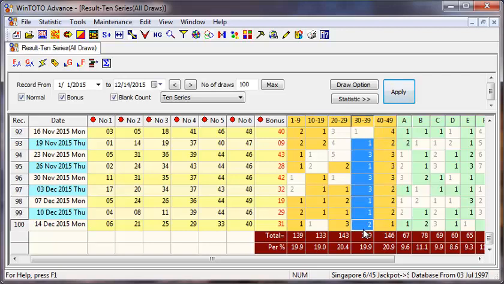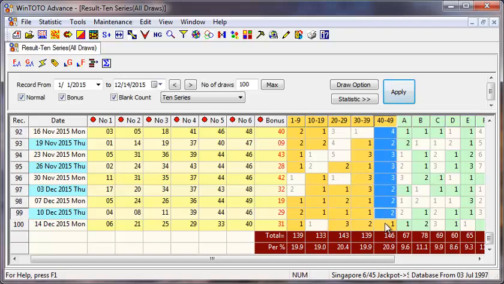Now, if you are following the trend, then I strongly recommend that you should follow 40 to 49. Alright, follow 30 to 39. And then the last group that you should follow closely is 20 to 29. These 3 groups of numbers, please follow closely. This is called follow the trend. Alright, now if you are talking about likely would-be numbers, then you have to take a look at 10 to 19 and 1 to 9.